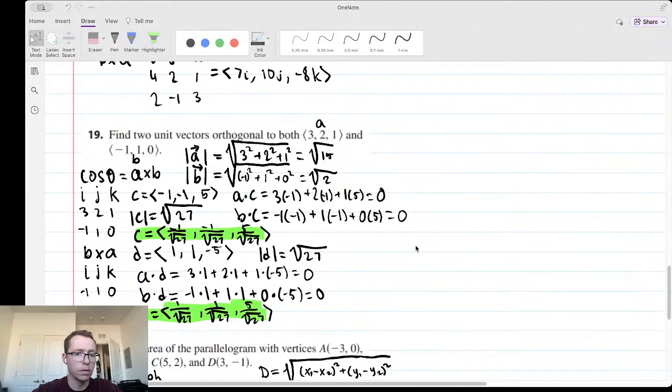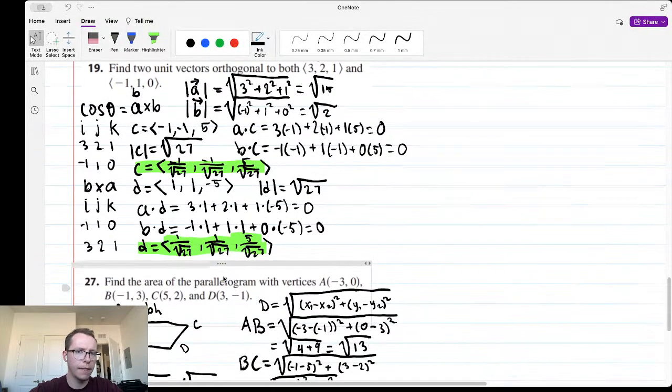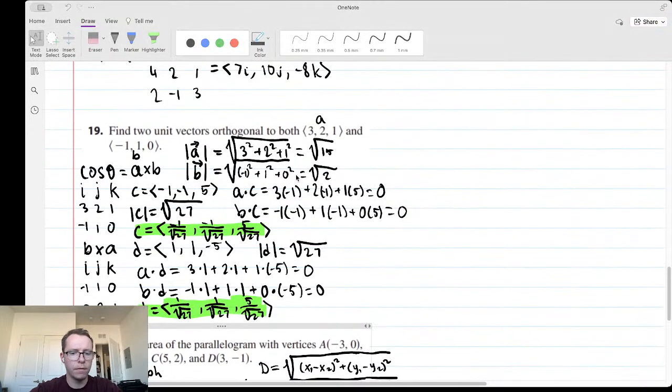Wait, 19 looks really weird. Yeah, 19 is doing that weird cutoff. Why? Fix pages in OneNote. This is kind of just troubleshooting. I'm not even doing homework anymore. Like I finished this homework.